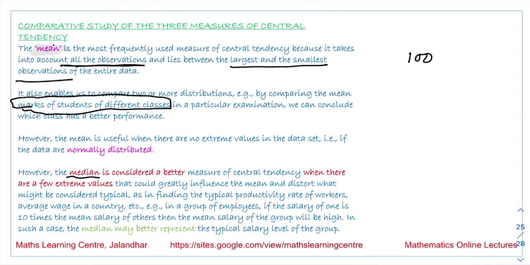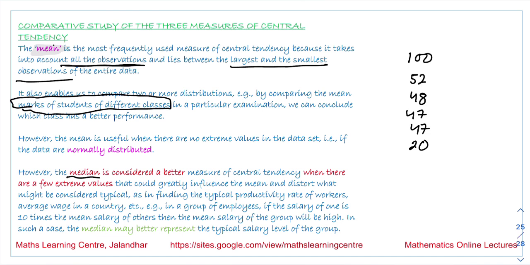Then say 52, then 48, and then the next value say 20. Now in place of 20, say it is 47, then 47, and the next value say 20.